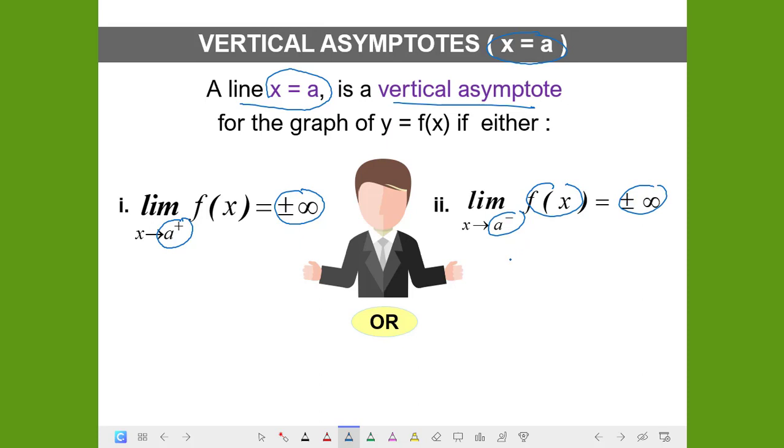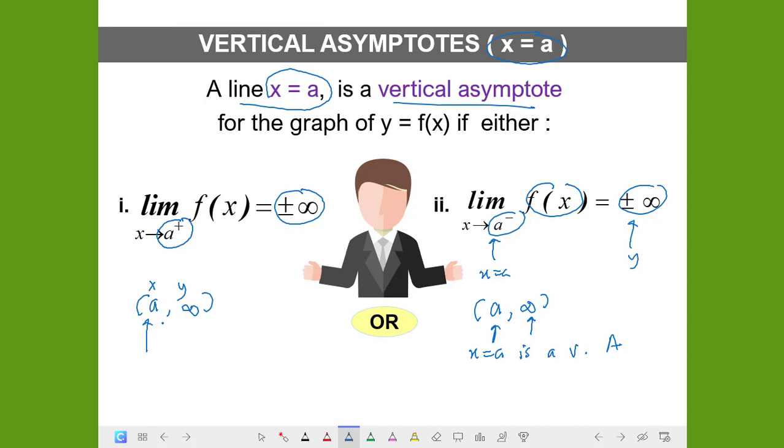How can we write this down in coordinates? This is the way to remember: x equals a is the value, and y is infinity.